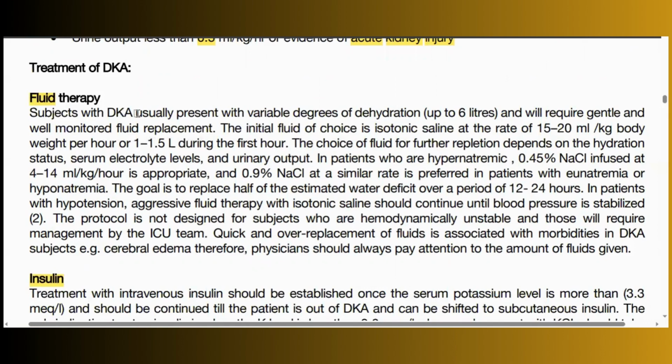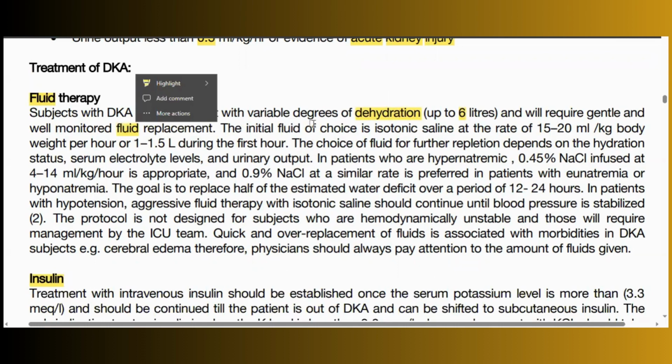Patients with DKA usually present with variable degrees of dehydration, up to 6 liters, and will require gentle and well-monitored fluid replacement.